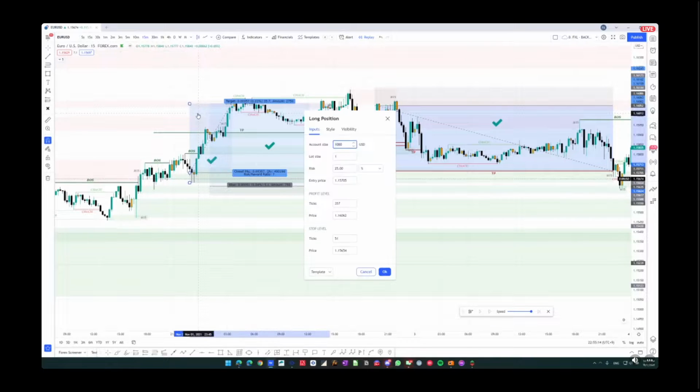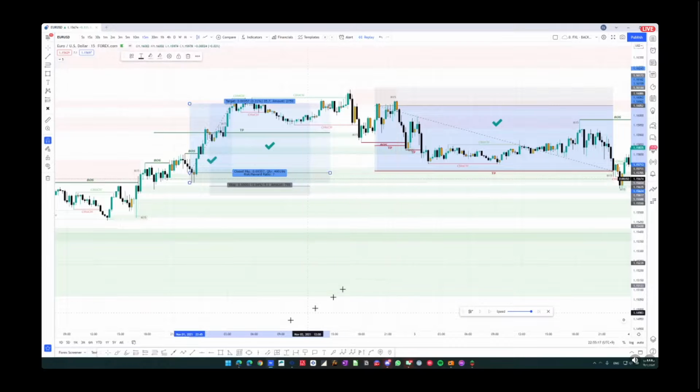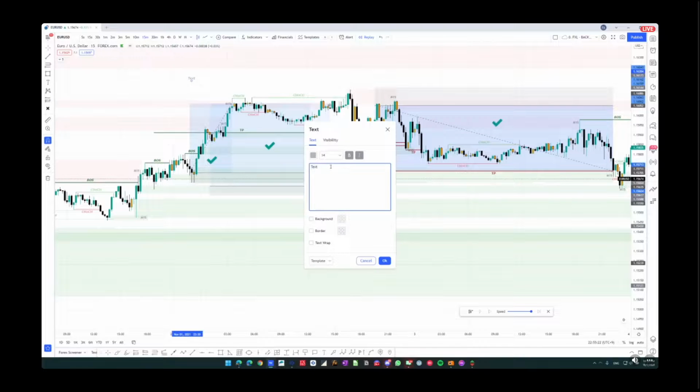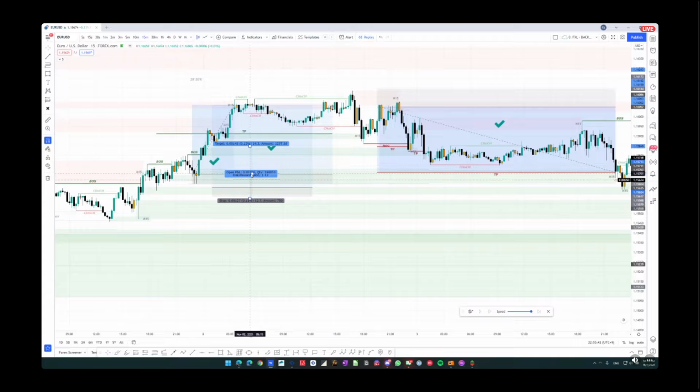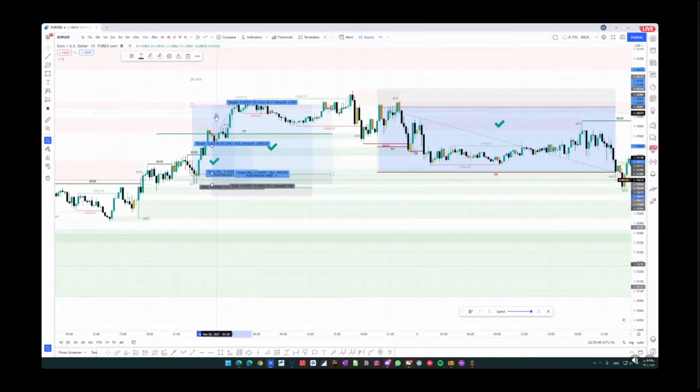The second entry, let's just say we take our 2R automatically, and that one's 50%. Then our take profits here, entries here.